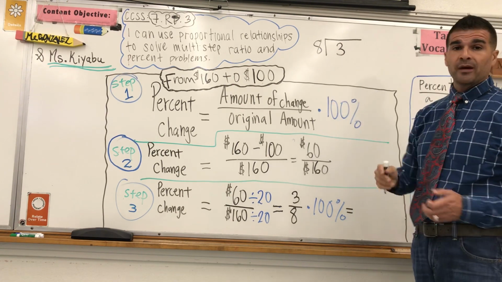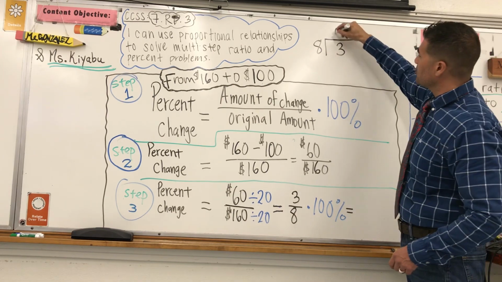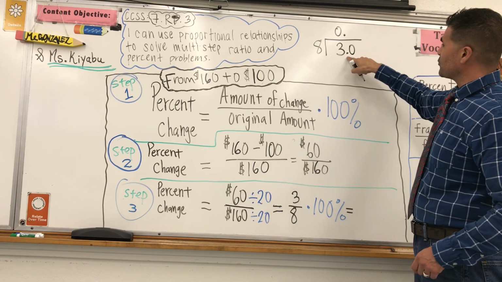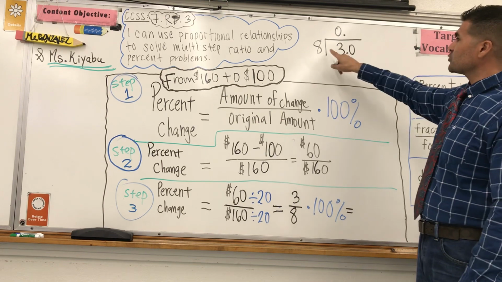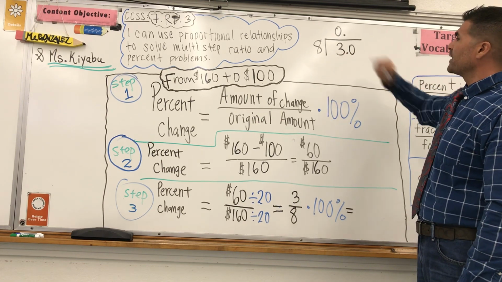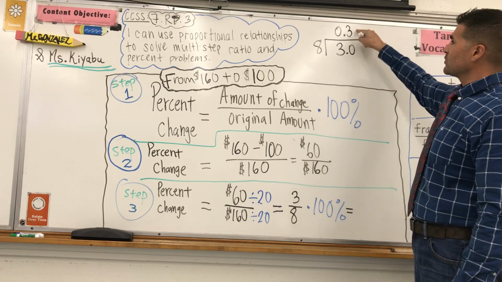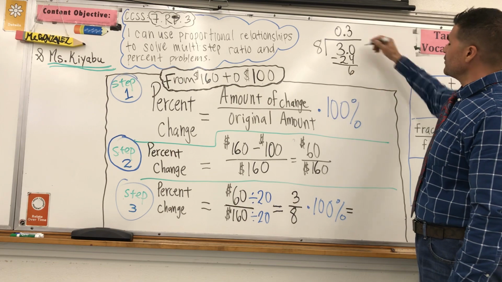So let's see. 8 doesn't go into 3, so I'll put a 0 here. Now I'm going to add a decimal behind my 3, and I'm going to treat this 3 like it's 30 now. 8 definitely goes into 30 at least 3 times. So 3 times 8 is 24. I'll put my 6 right here.